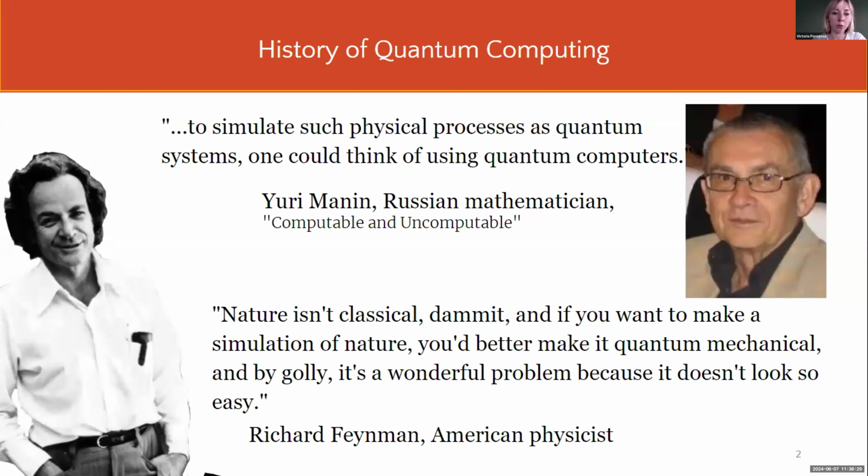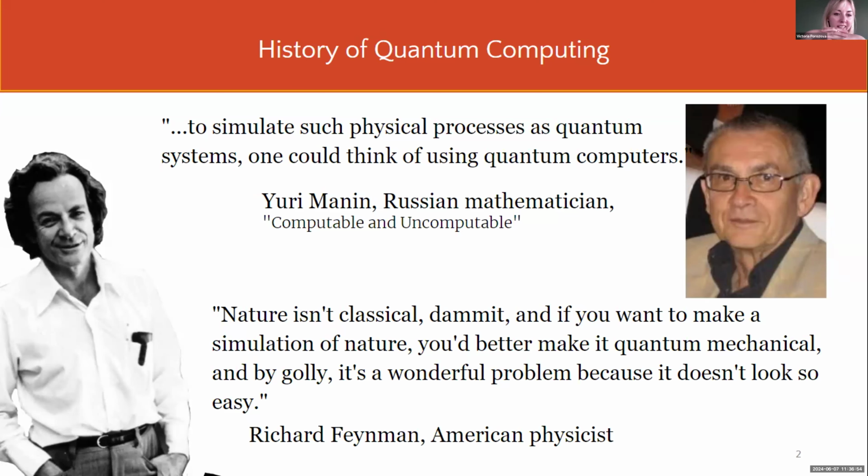So first, we will start with the history of quantum computing. Now, everybody knows about how Richard Feynman in the 80s offered this proposal that nature isn't classical, and if you want to simulate nature on a quantum level, the best system to simulate it is a quantum system, so a quantum computer.